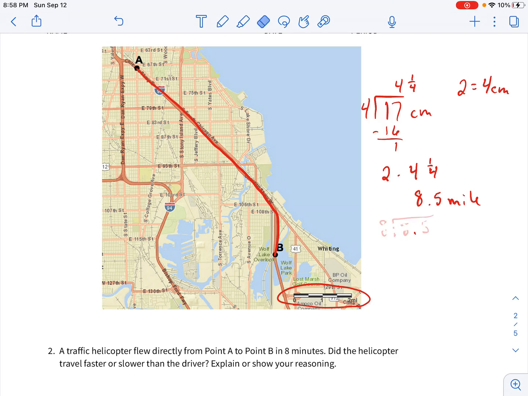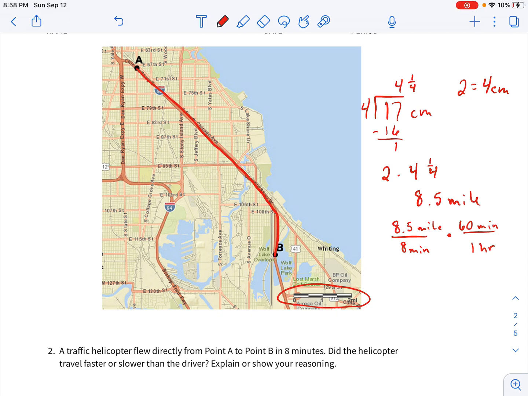Actually, I'm going to set it up a little bit differently. Miles over 8 minutes. But we're going to have to multiply this by the ratio of minutes to hours. So there's 60 minutes in 1 hour. Okay, so we do this. This is going to cancel out our minutes and give us the exact time it takes, miles per hour.